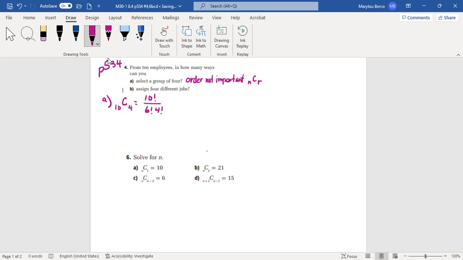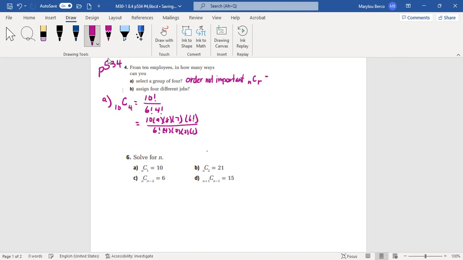What we have here is 10 by 9 by 8, all over 6 factorial, 4, 3, 2, and 1. I'll write it out, but you can use your calculator to do the work. So it's n factorial over n minus r factorial times r factorial.